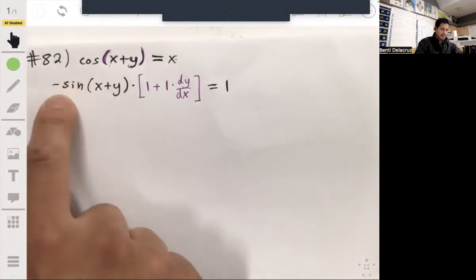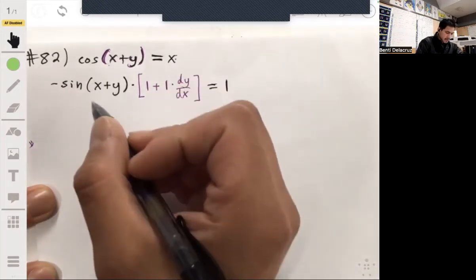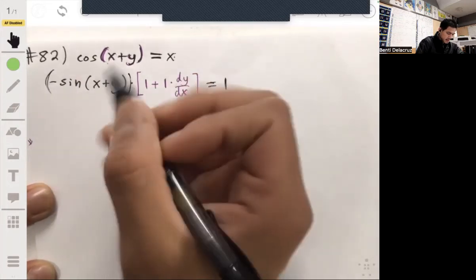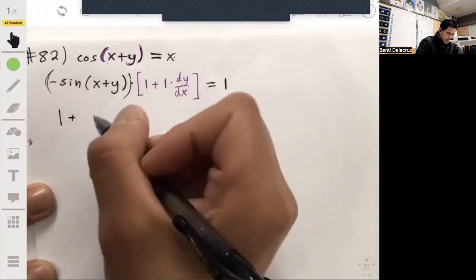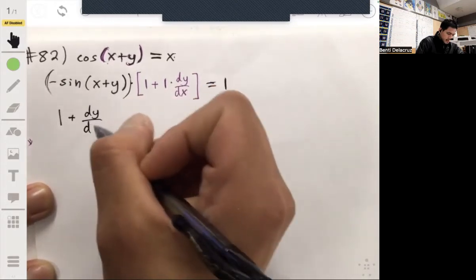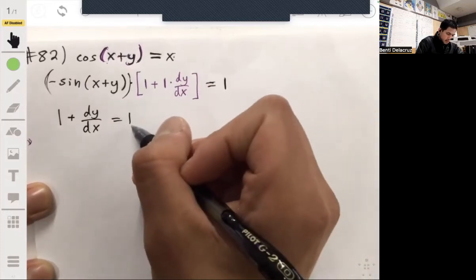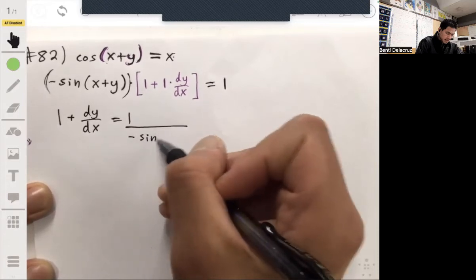So I'm going to divide by this negative sine of x plus y. Dividing both sides by this whole thing, I'll get 1 plus dy over dx is equal to 1 over the negative sine of x plus y.